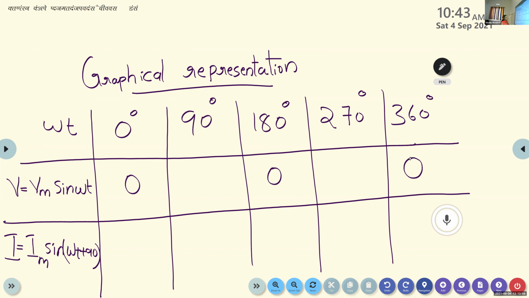Now the next phase angle is 90 degree. Sin 90 is equal to 1. So V is equal to Vm into 1, that is Vm. So the alternate angle will be negative Vm, because sin 270 is negative 1, Vm into negative 1, that is equal to minus Vm.